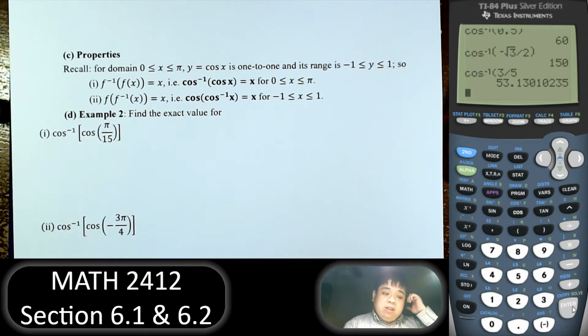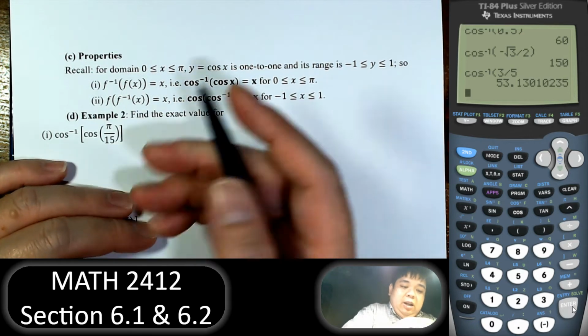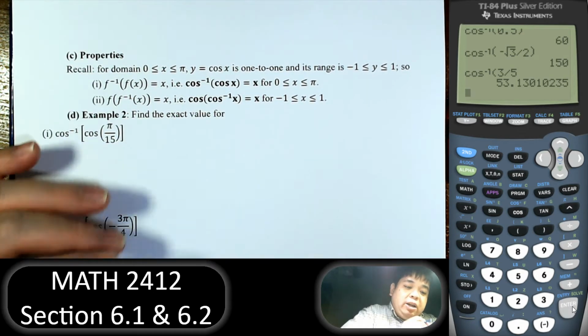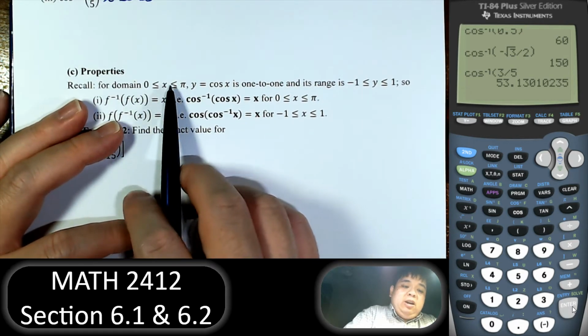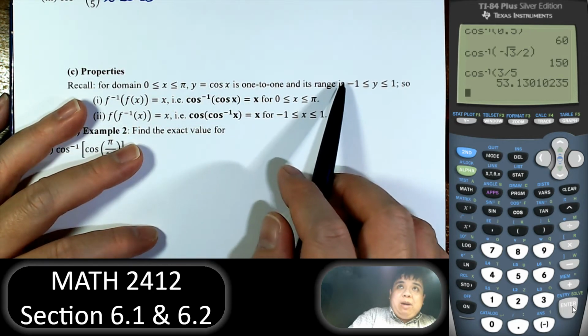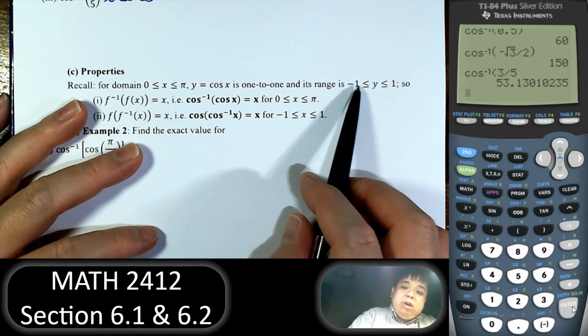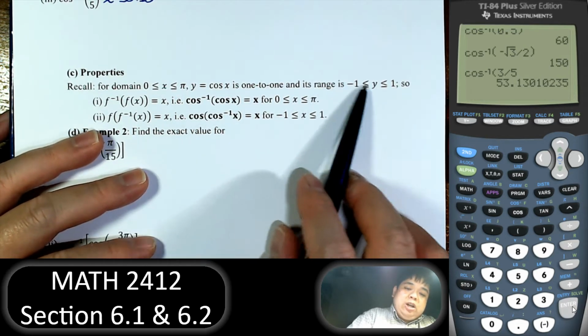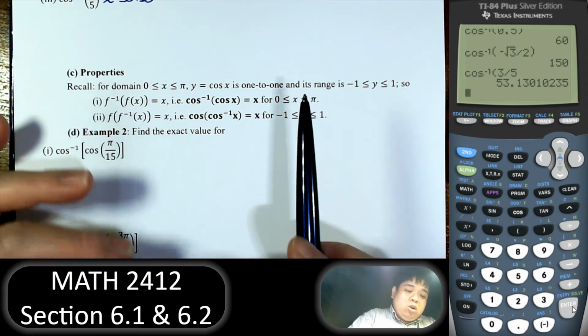Right, so now the next part is similar to what we have in the previous part of the section. The domain for 0 to pi, the cosine function is one-to-one, therefore we have the inverse, and the range is from negative 1 to 1. Right, so interchange the domain and range, interchange x and y.